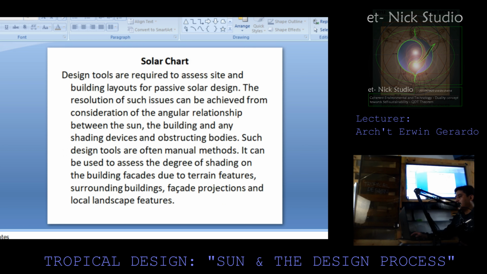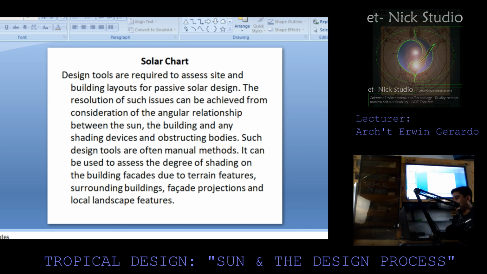Solar chart is a design tool required to assess site and building layouts for passive solar design. The resolution of such issues can be achieved from consideration of the angular relationship between the sun, the building, any shading devices, and obstructing bodies.